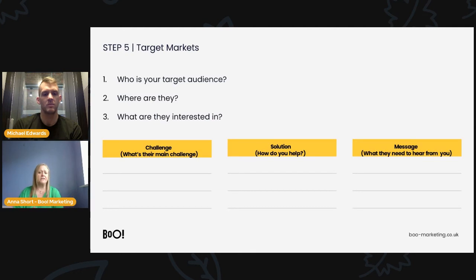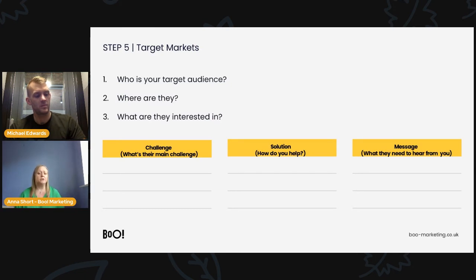And then you'll see we've got these 3 columns here. So once you know who your target audience is, you can find out from them, or you'll already know some of this, what their main challenges are. What do they say to you when you have those initial conversations? Why have they come to you in the first place?